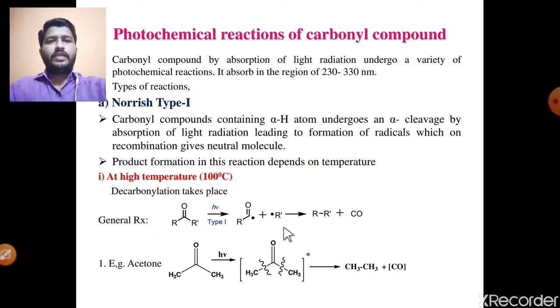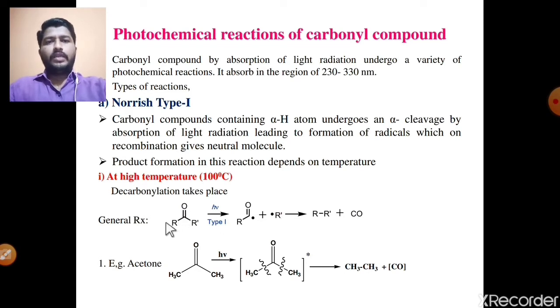See the general reaction. The general carbonyl compound R C double bond O R dash, by absorption of light radiation, undergoes alpha cleavage, meaning homolytic cleavage of the bond between the carbonyl carbon and the R dash group. It gives a C radical as well as an R dash radical.